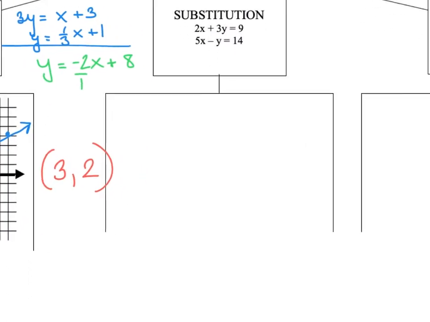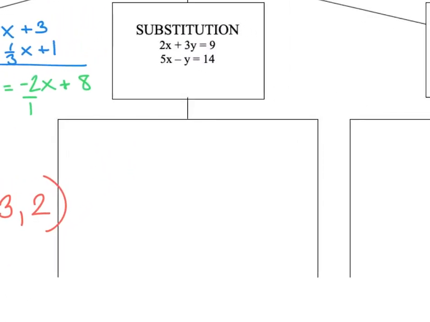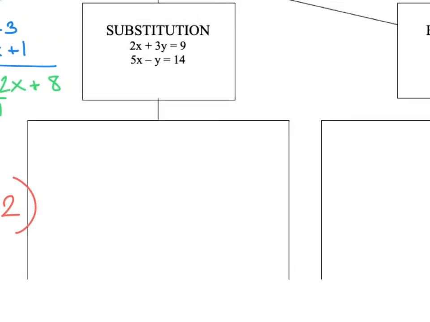With substitution, I typically do this if one of the equations is already solved for one variable. But if it's not, it's not the end of the game. I'm going to take this second one because I noticed that the coefficient on y is -1, and I'm going to solve this for y. If I subtract 5x from each side, I'd have negative 5x plus 14, and then if I divide by -1, that gives me y equals positive 5x minus 14.